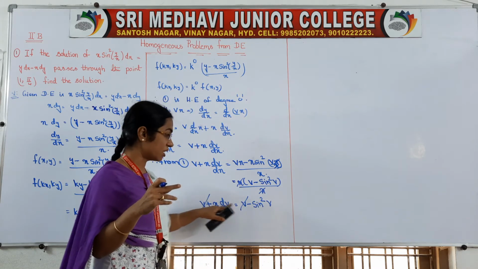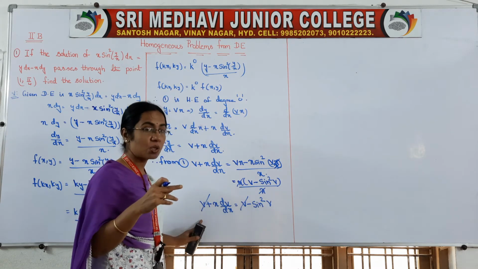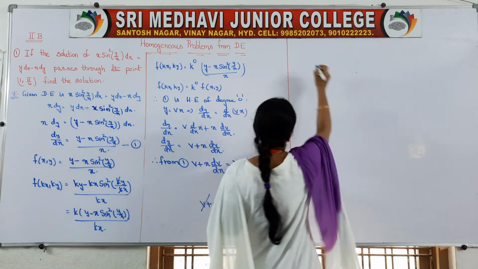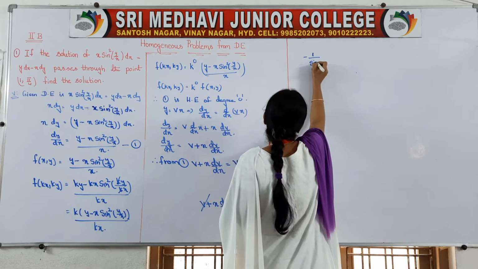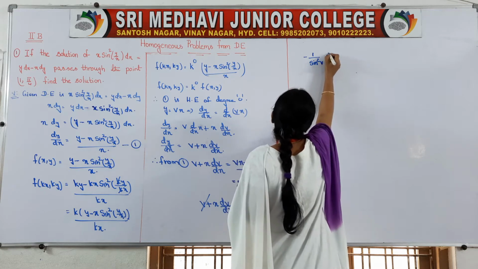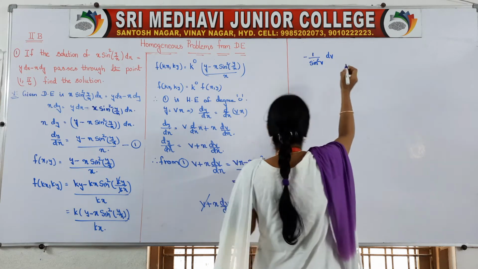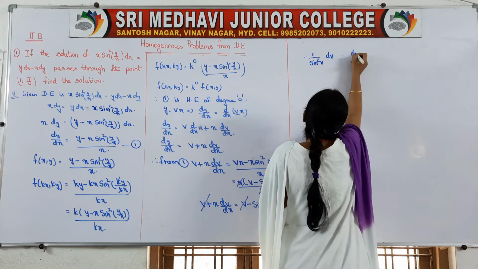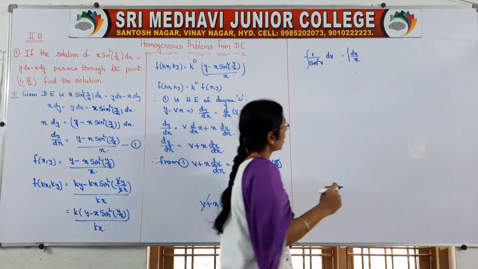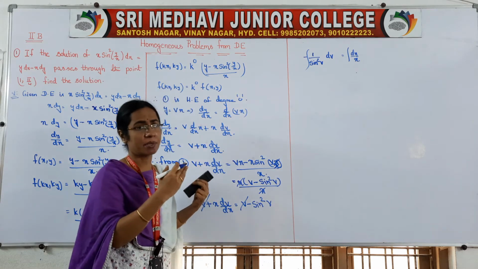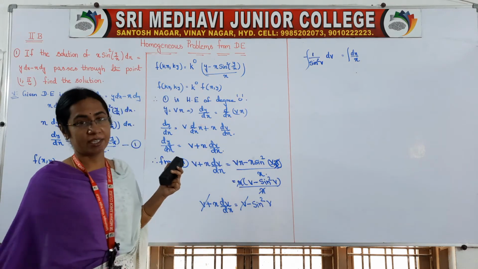Okay, so then we have to go for variable separable form. Here dv is there, so bring this term to this side. So what happens? Minus 1 by sine square v, that is, sine square v dv is equal to dx by x. Once variables are separated, we have to take integrals.